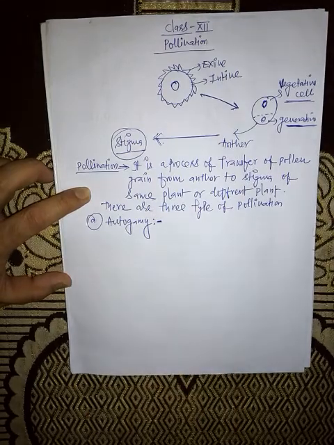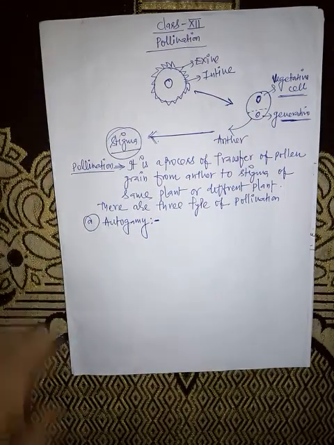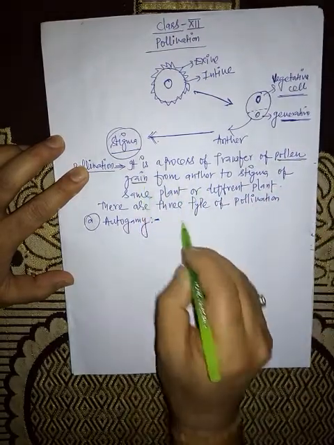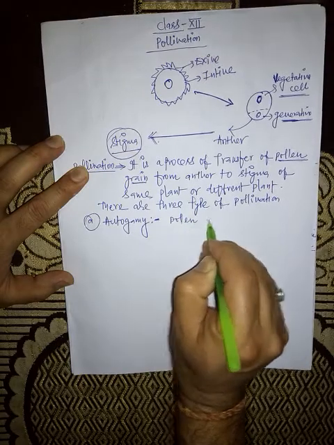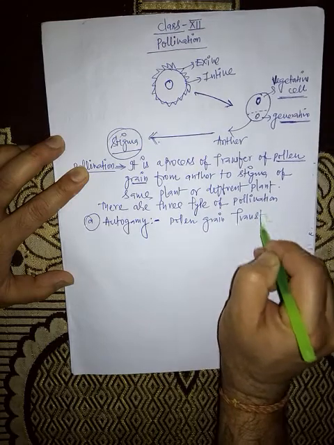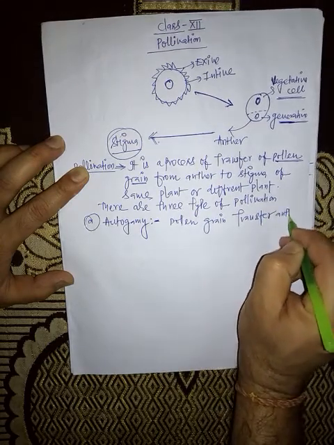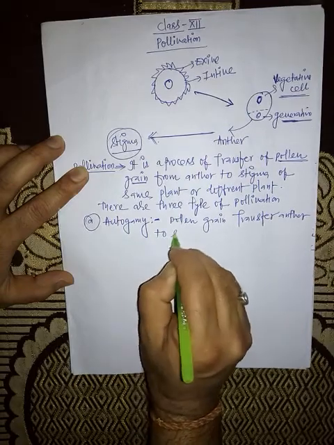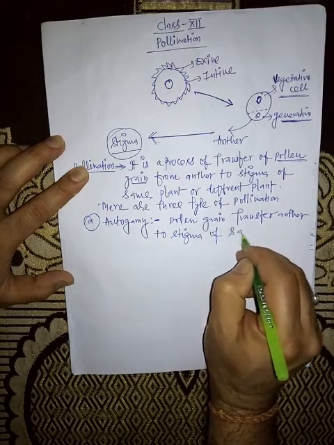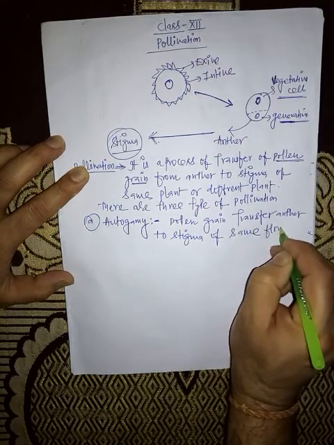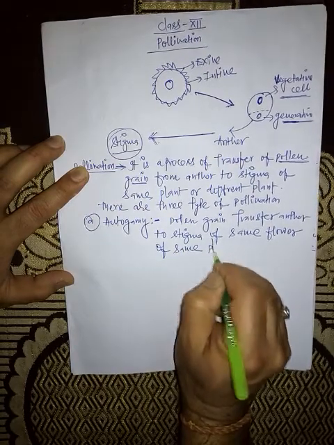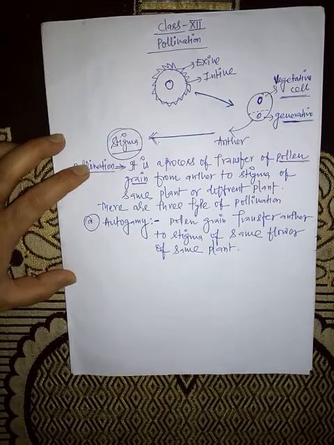Autogamy means when the pollen grains transfer from the anther to the stigma of the same flower of the same plant, right?